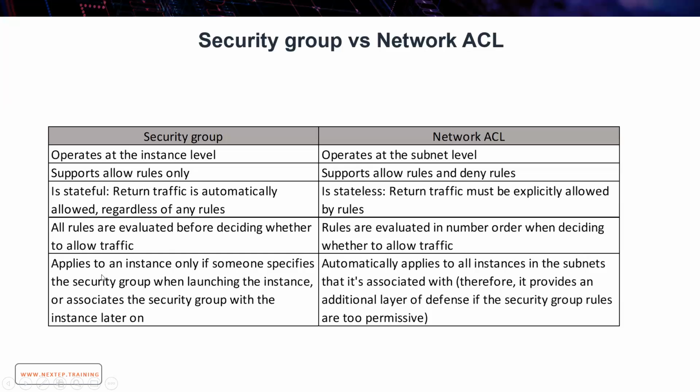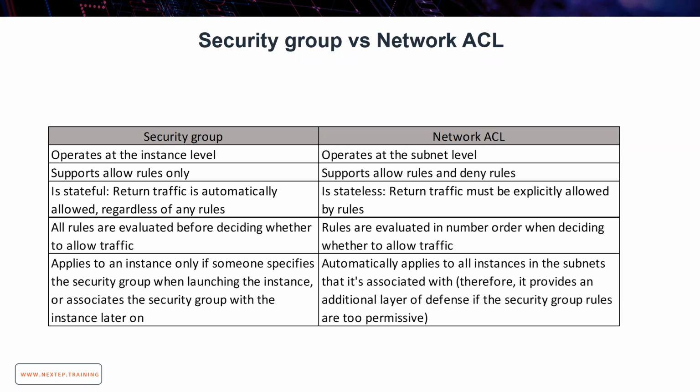Security group applies to an instance only, if someone specifies the security group when launching the instance or associates the security group with the instance later on. So essentially, when you create the instance, you will be specifying the security group for that particular instance.